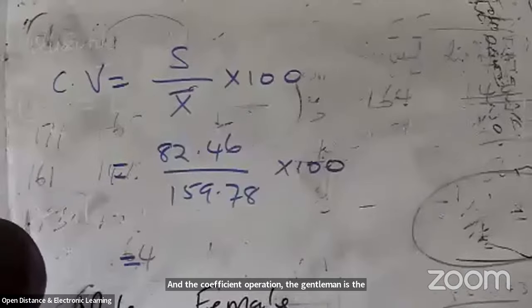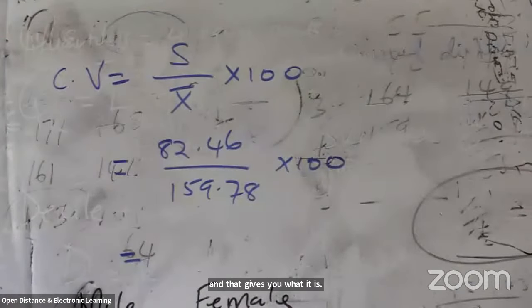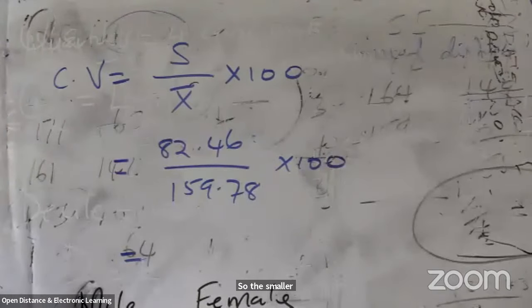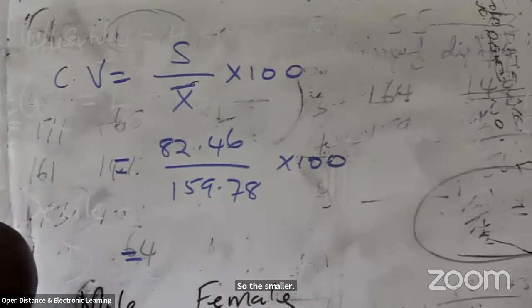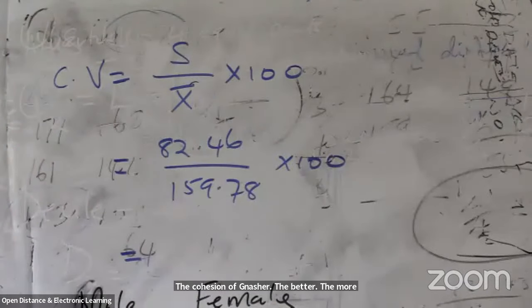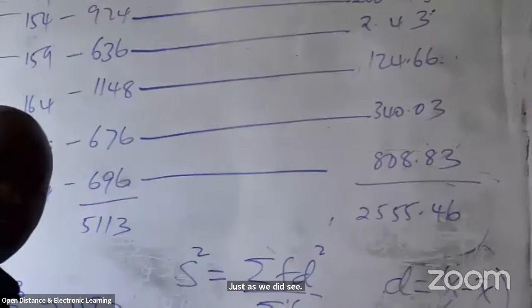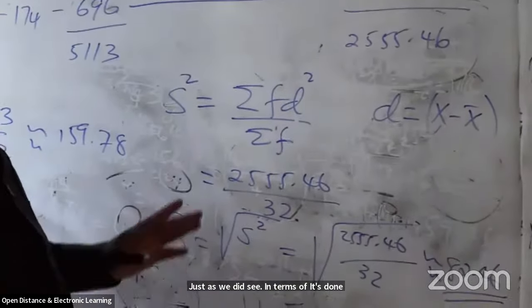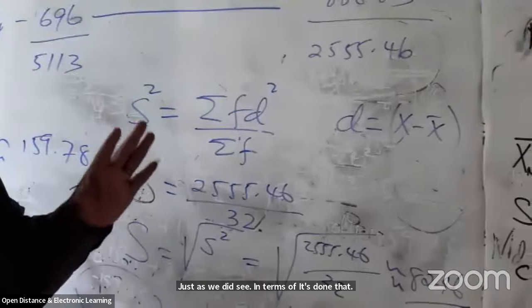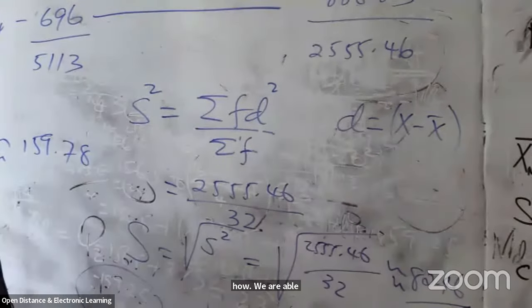So the smaller the coefficient of variation, the better, the more identical the observations are, just as we saw in interpreting the standard deviation.